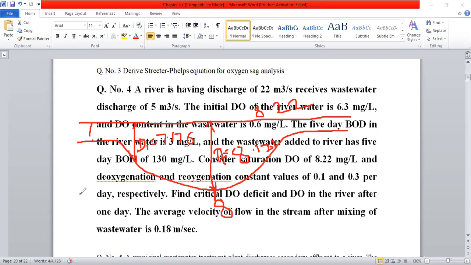So here the time required to reach up to this portion, up to this.